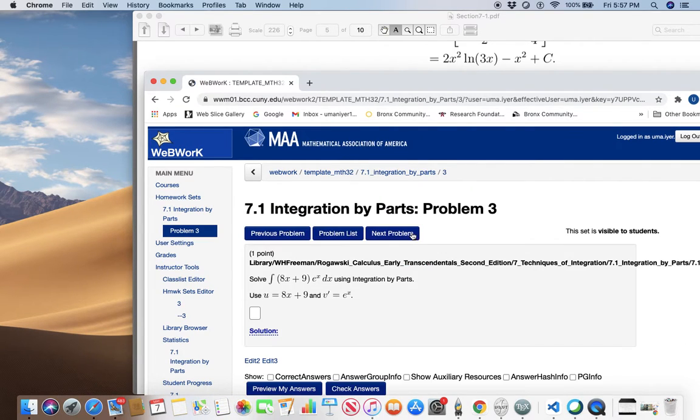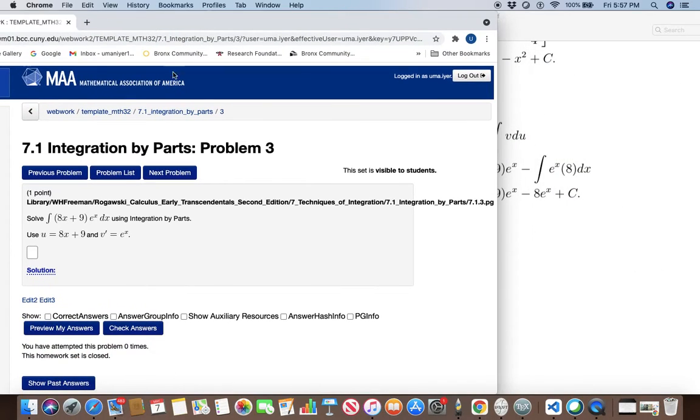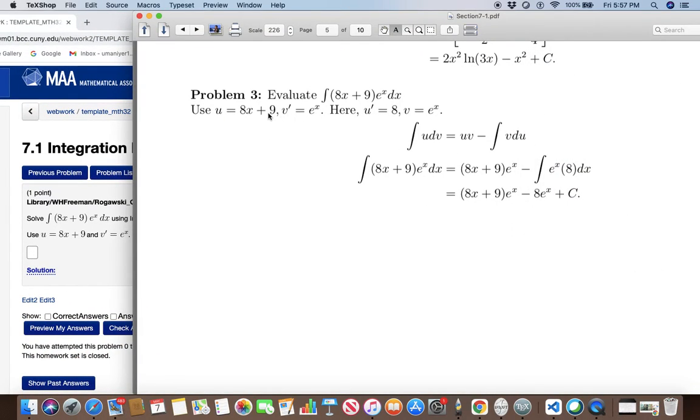Good. Next problem. Integral 8x plus 9 e raised to x dx, and they are asking us to use integration by parts. u is the first factor, v prime is the second factor. Okay, so u is 8x plus 9, v prime is e raised to x. Well, if u is this quantity, what is u prime? 8. If v prime is e to the x, who is the antiderivative of e to the x?